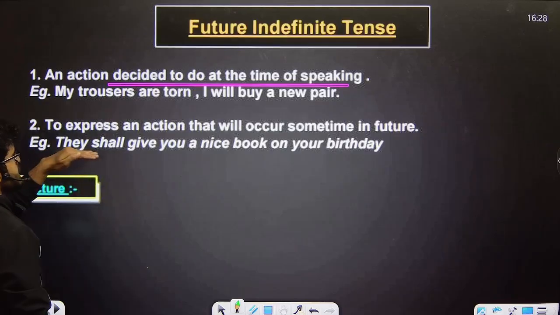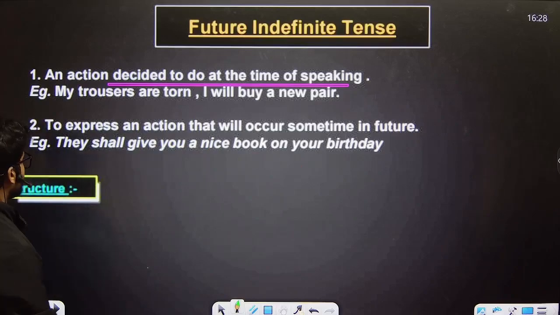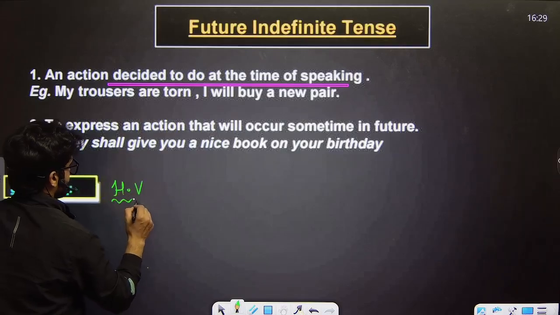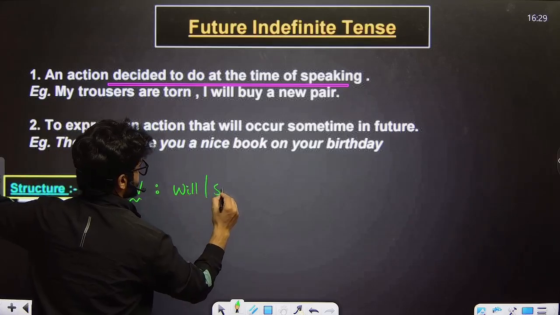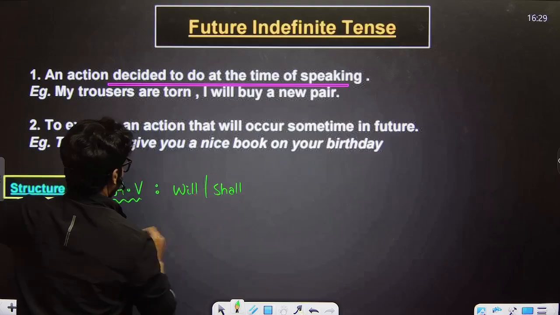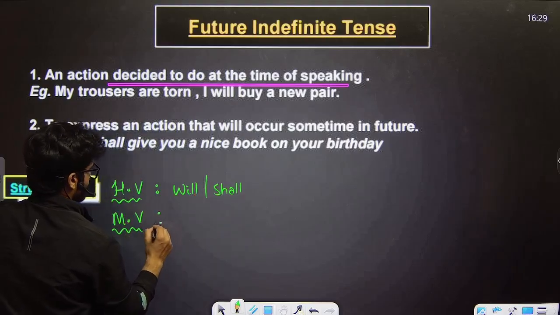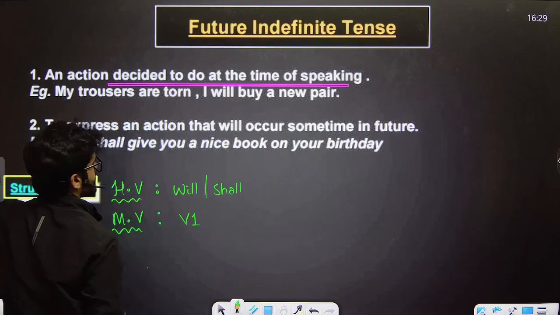They shall give you a nice book on your birthday. Got it? So the helping verb will be will or shall, and the main verb is your verb 1.